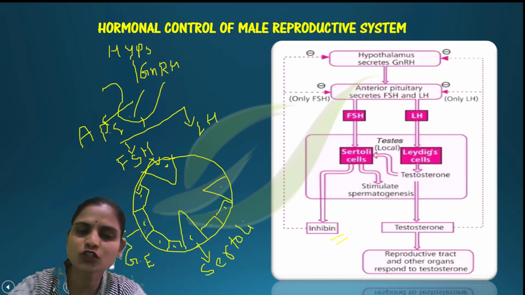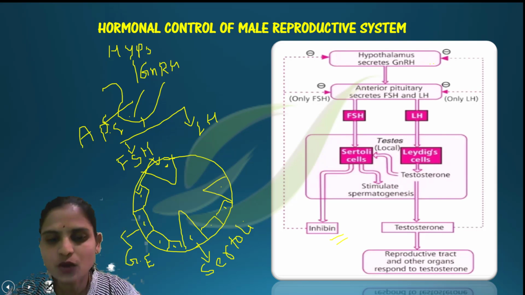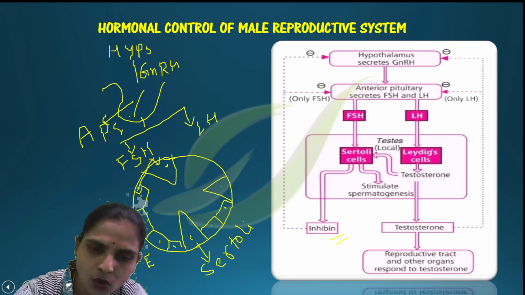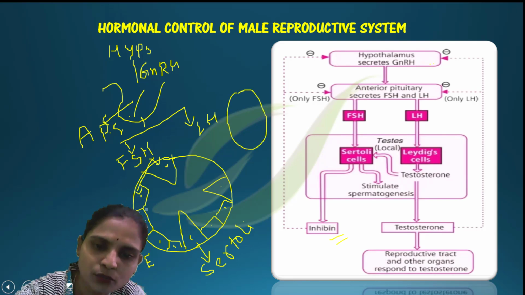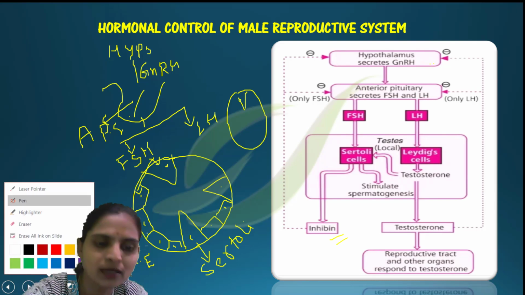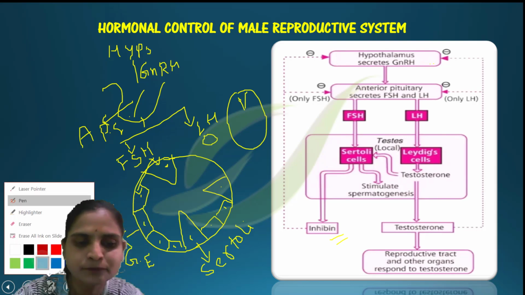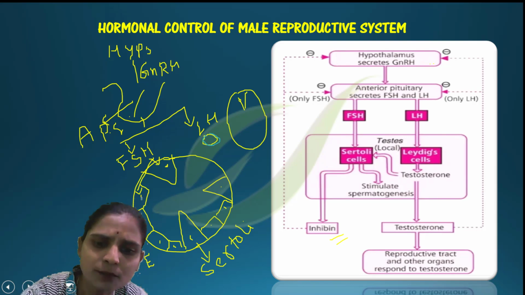Then the LH hormone, that is luteinizing hormone, will act on Leydig cells. We all know that in between the seminiferous tubules there are many Leydig cells present.